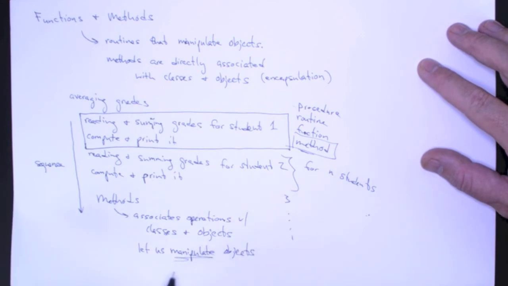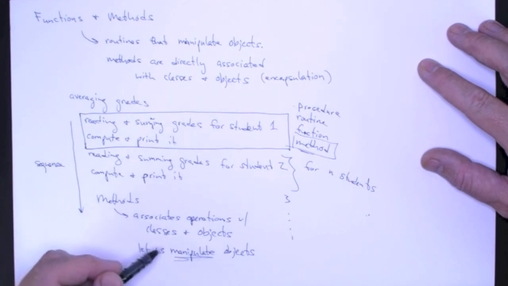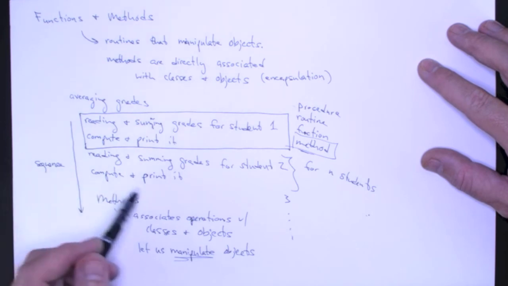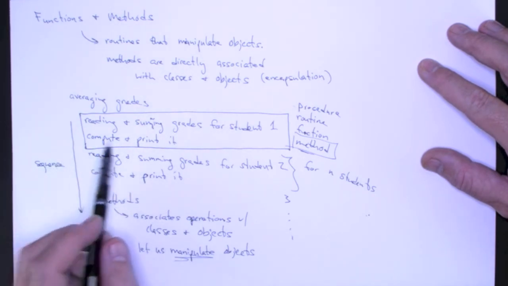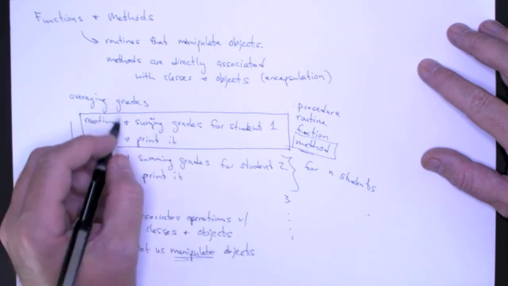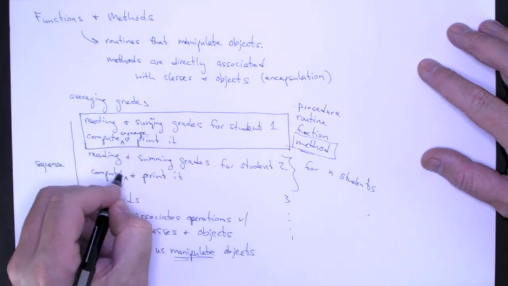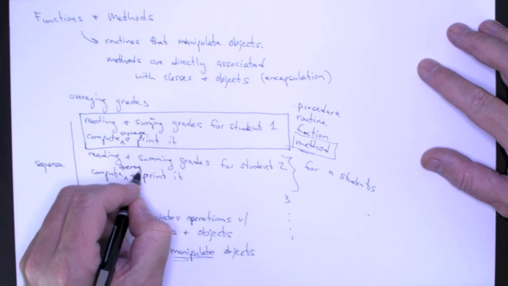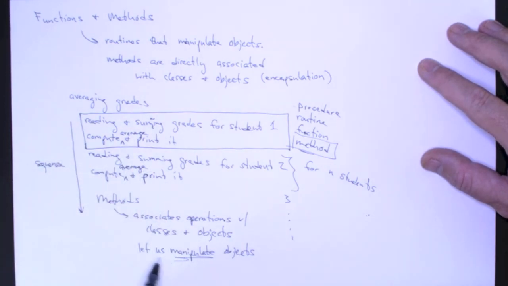I know manipulate is a very abstract statement, but I'm using that intentionally. Manipulation could just be retrieving some property, some value. It could be changing that value. It could be summing grades. It could be averaging grades. So very general manipulation.